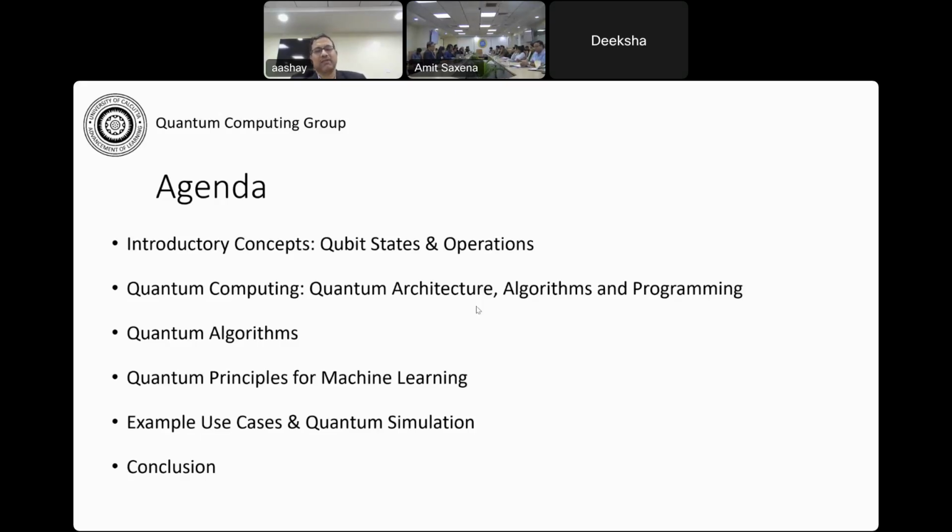At the end, I will discuss some example use cases which exist, and also some of the tools or platforms, state of the art simulation techniques or simulation platforms, that the algorithm developers or designers of quantum applications can use. And then I will conclude.